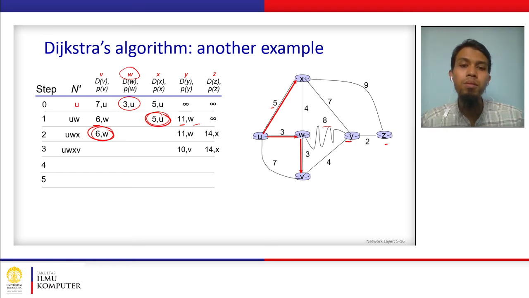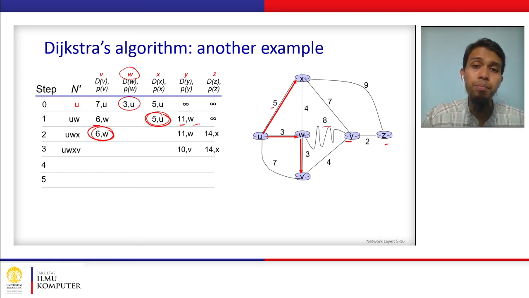All right, now again we compute the remaining least cost paths, Y and Z. Initially we find that the cost from U to Y through W is 11.